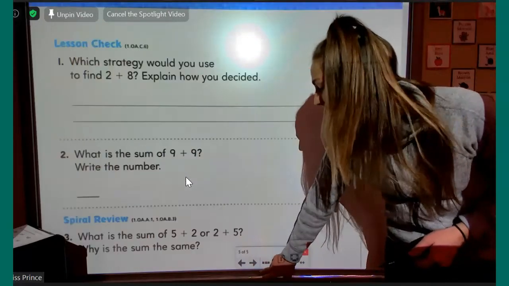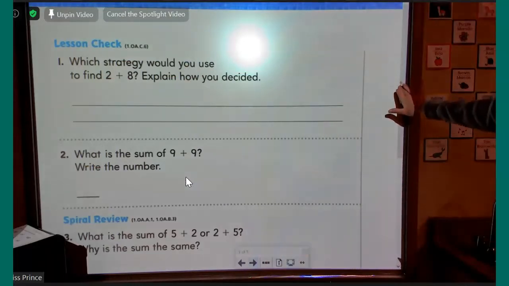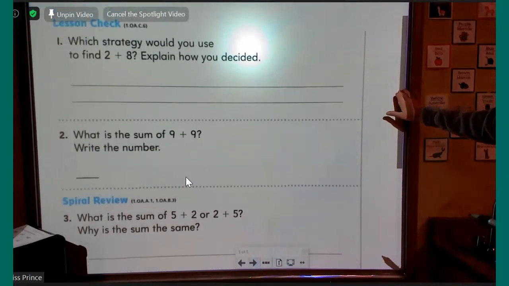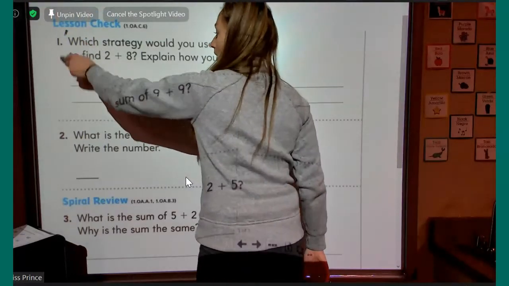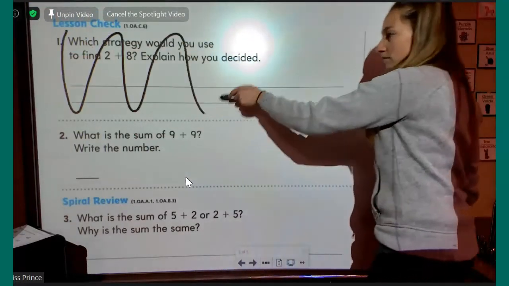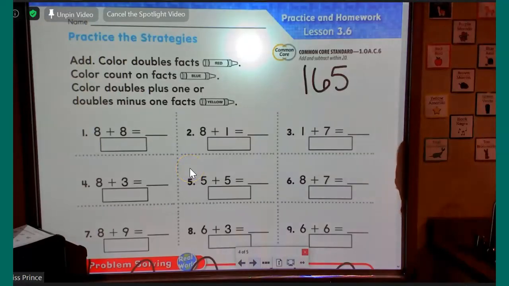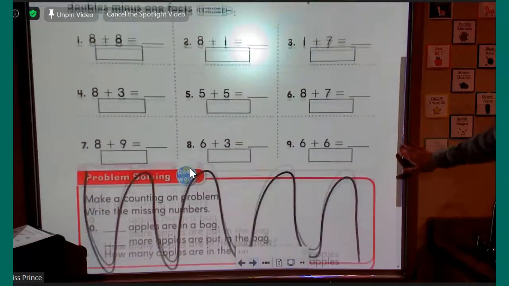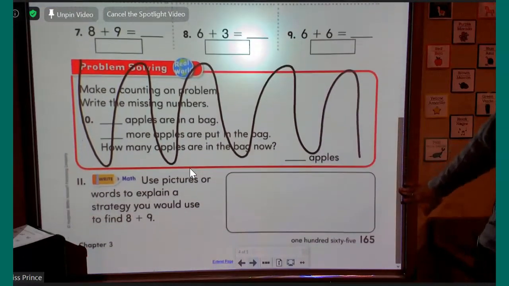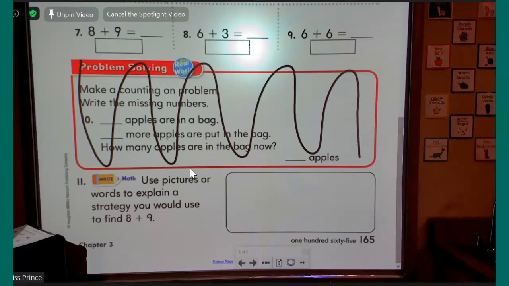On the next page, cross out this one. I have a question, teacher. We usually do the red one after the bottom one. We usually do that one.